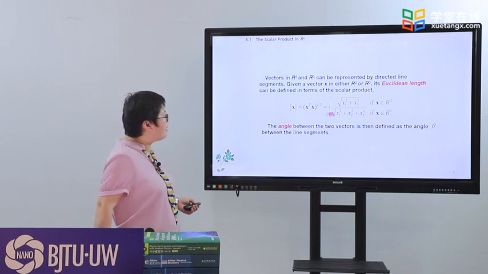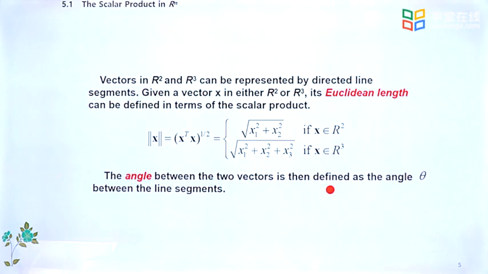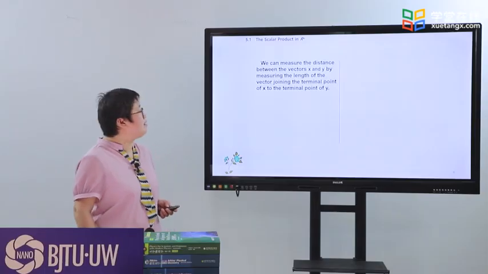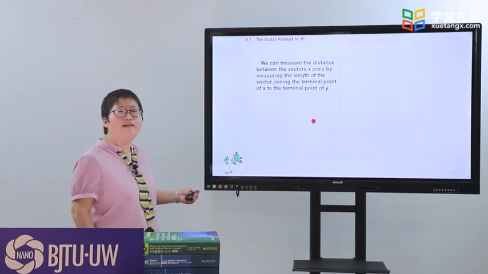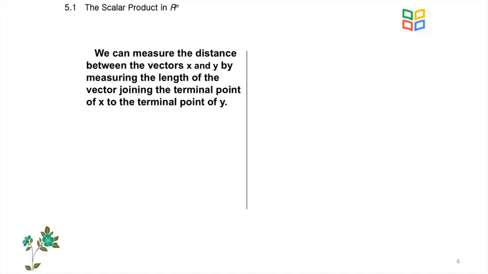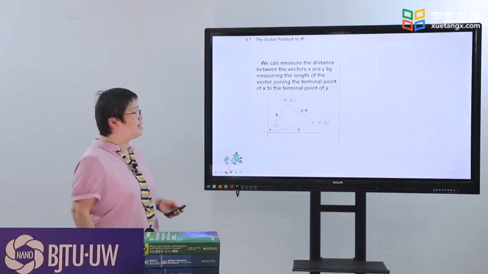Next, we consider the angle between two vectors. It is defined as the angle theta between these two line segments. We can measure the distance between the vectors x and y by measuring the length of the vector drawn from the terminal point of x to the terminal point of y. We see this figure.